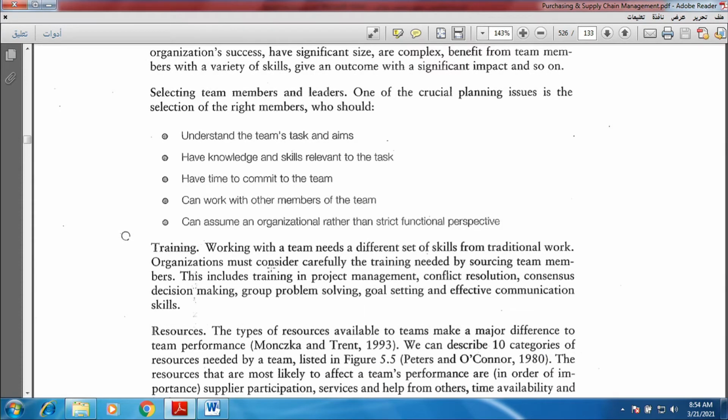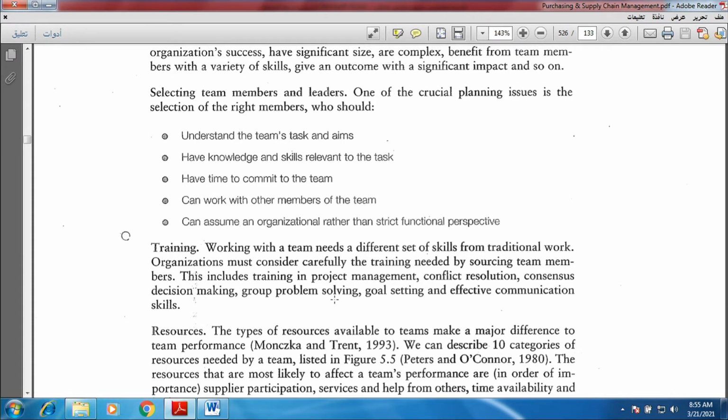Also think about giving training for these cross-functional team members. The training gives them the ability to see from a clearer point of view and to have some management skills and conflict resolution abilities. The word consensus in decision making could come to the surface easily among them.